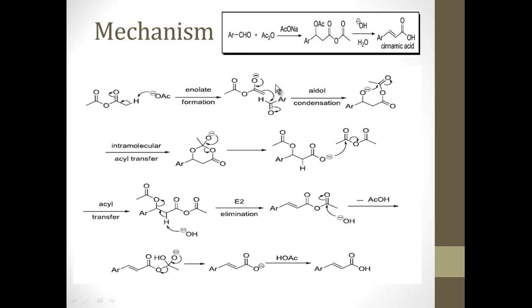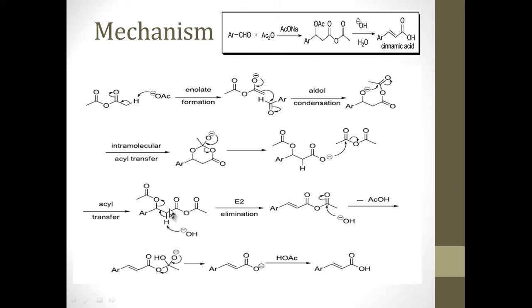Next, acyl transfer will occur again. One molecule of acetic anhydride will come, and this acyl group will be transferred from this acetic anhydride to here, in this position. So this is acyl transfer. Next, E2 elimination will occur.